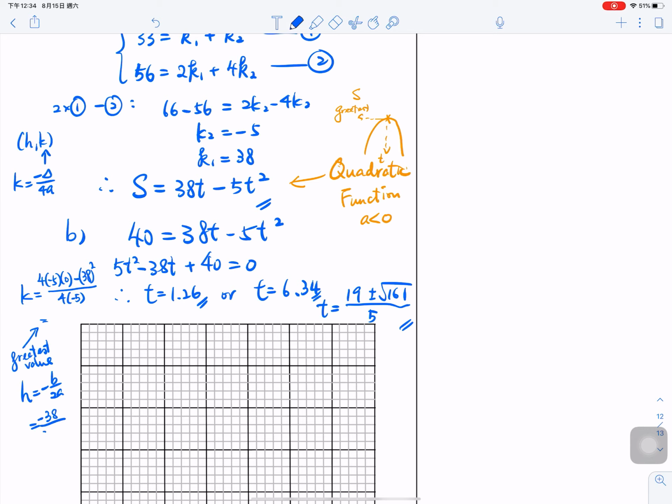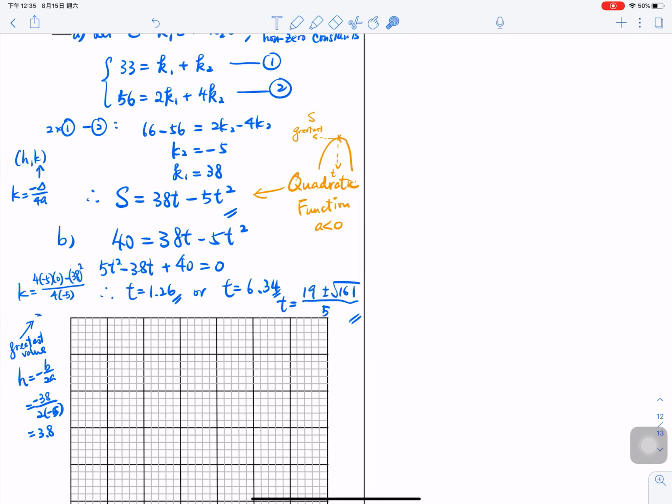Negative b over 2a. So you see that this one, no negative sign anymore, right? It should equal 3.8. After you draw the graph, you check that it should be about 3.8.